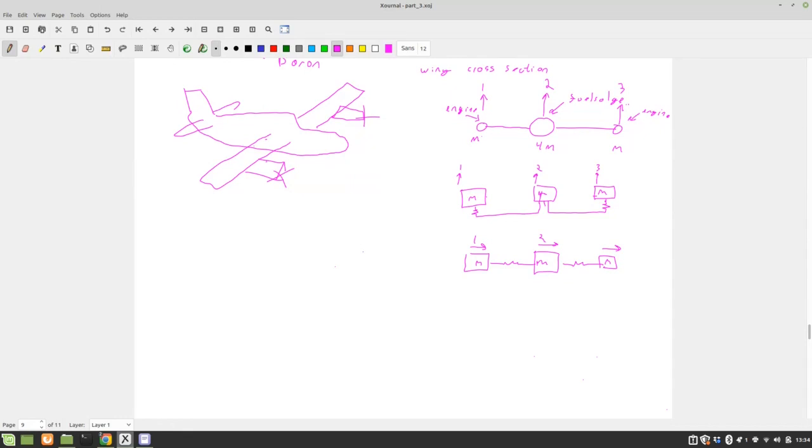So let's take a generalized eigenvalue problem, right? What is it, like K V equals lambda M V, right?